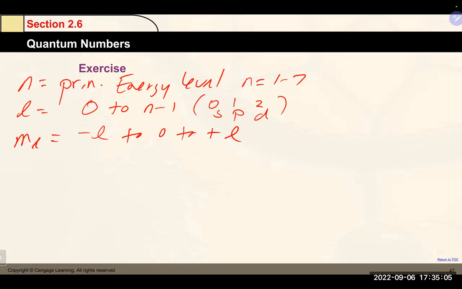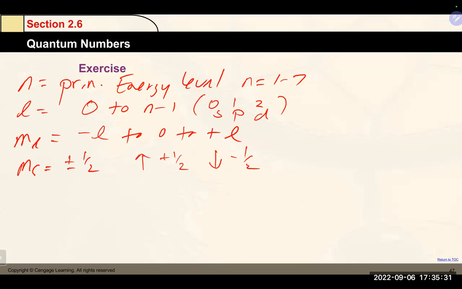It's really going to tell you the 3-dimensional space at which those orbitals are hanging out. And then we have the spin quantum number, which is plus or minus a half, and that is basically the orientation of those electrons within an orbital. Upwards is denoted as plus a half, downward is denoted as minus a half.